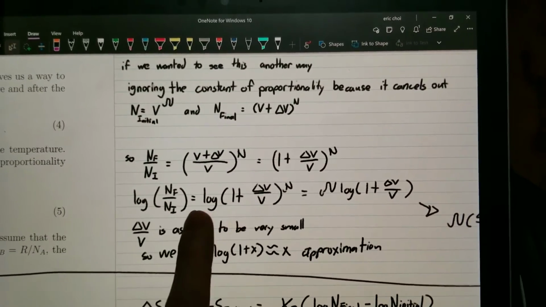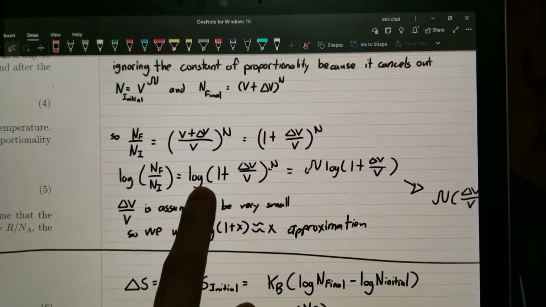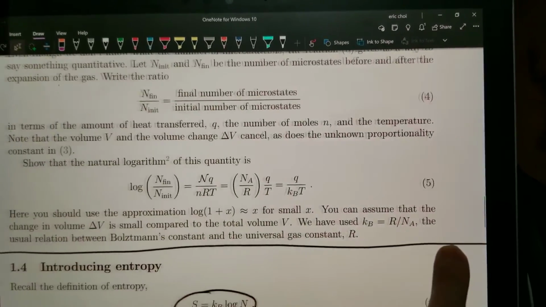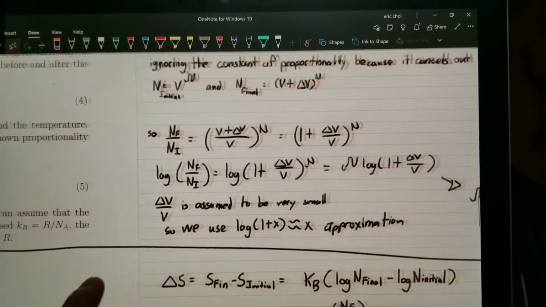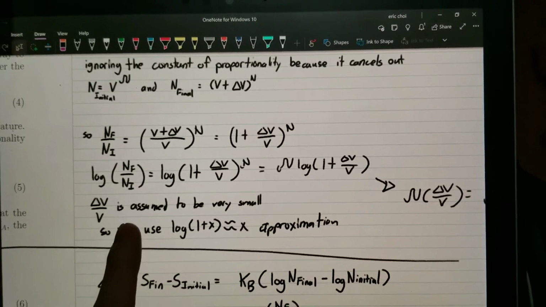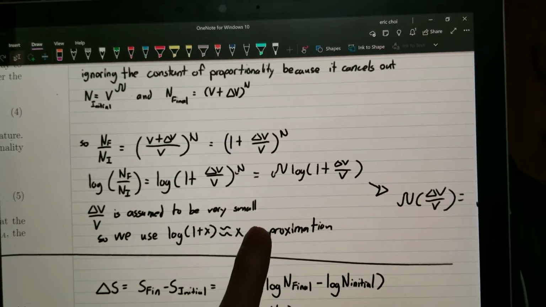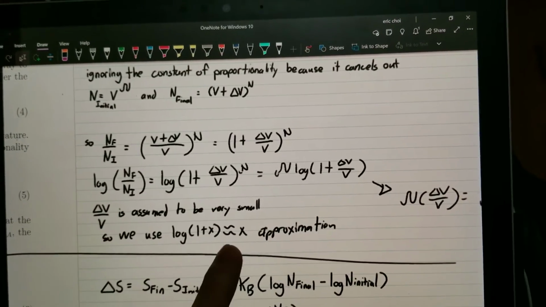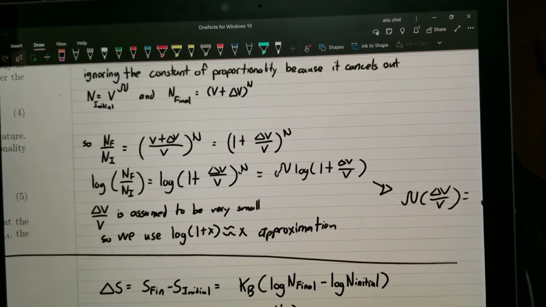Now, if you logged both sides, it would end up looking somewhat close to the form of log(1 plus x), which the professor suggested that we use for approximation. We know that delta V over V is assumed to be very small, so we're allowed to assume that delta V over V is our x in this approximation method.